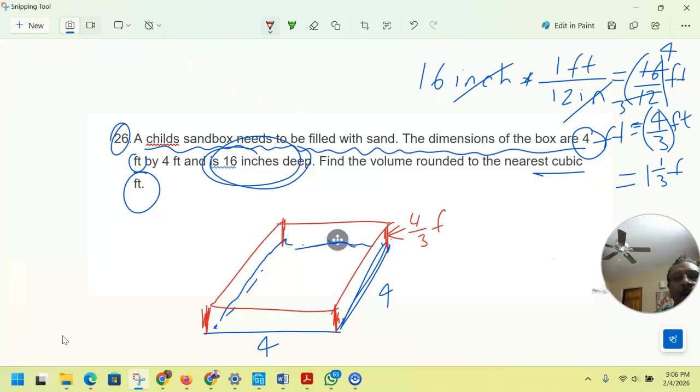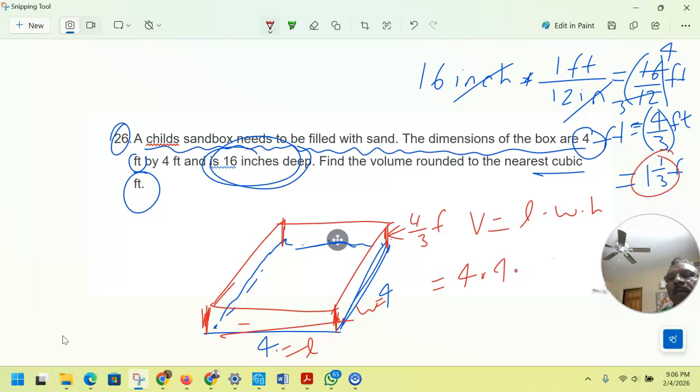And we want to know what is the volume of this whole box. The volume is length, width, and height. This is the length, which is 4. This is the width, so 4 times 4, times this one, which is 4 over 3. So 4 times 4 times 4 is 64 divided by 3 feet cube.